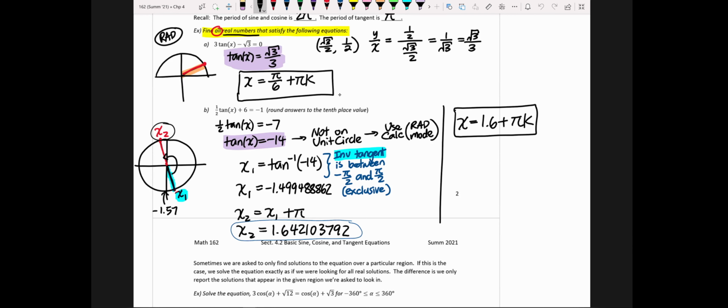So if you answered x is equal to negative 1.5 plus pi k, this is equivalent, but the software might mark it wrong if it specifies it wants the first answer as non-negative. So the first answer should be the one when you're working with tangent between 0 and pi.